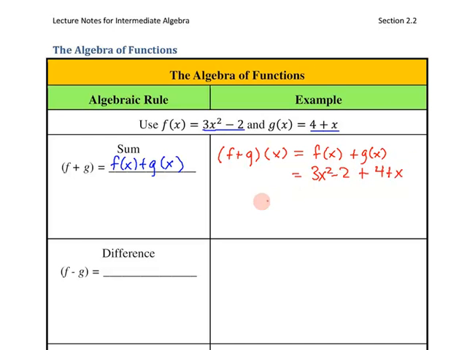Now if I combine like terms, I will get 3x squared plus x plus 2, right? Because there's just a single x, but minus 2 plus 4 is plus 2. So f plus g as a function of x is given by the formula 3x squared plus x plus 2.